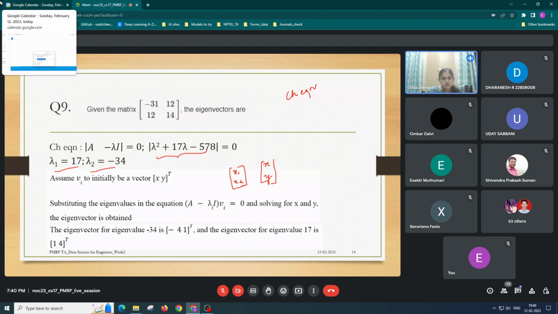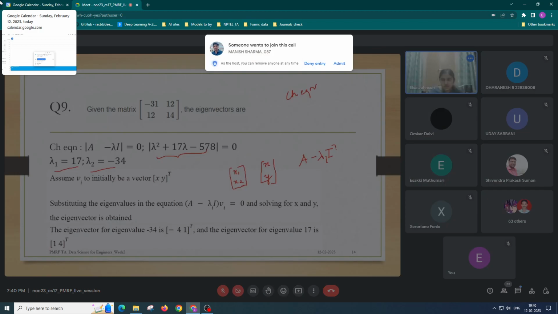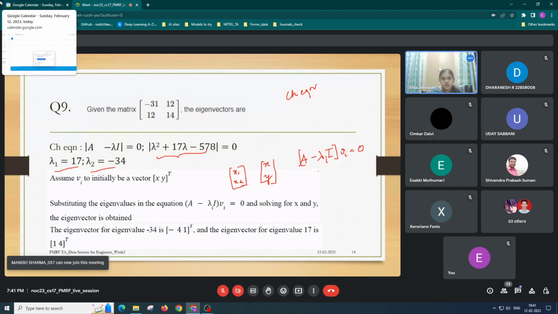Then we substitute the eigenvalues in the equation: A minus lambda I, whichever is your eigenvalue, into your vector, equals 0. If you solve this for x and y, then you'll get the eigenvector.